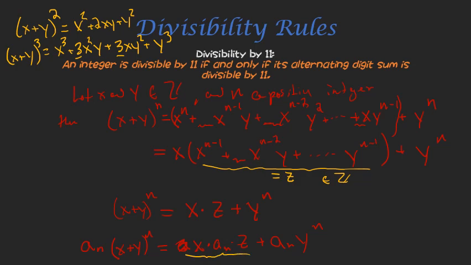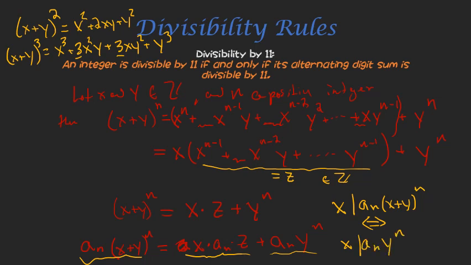And so we'll get this nice relationship that x divides this if and only if x divides this. So we're kind of just exploring these binomials. And we've come to this nice fact that x will divide a_n (x plus y) to the n if and only if x divides a_n y to the n.